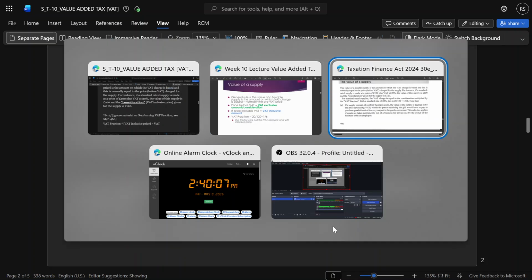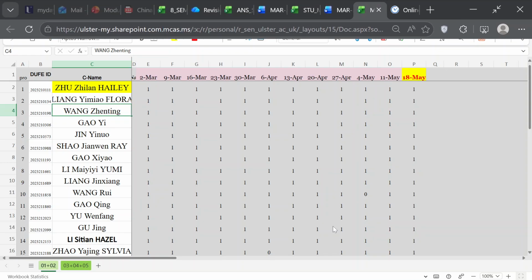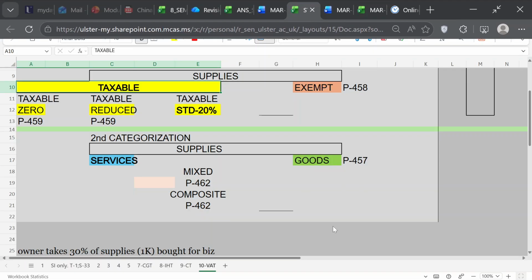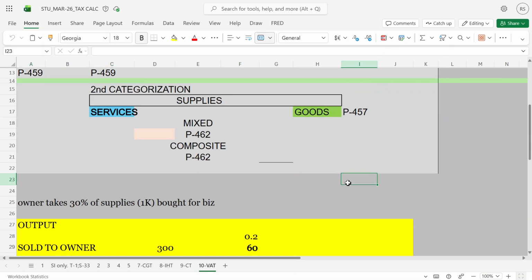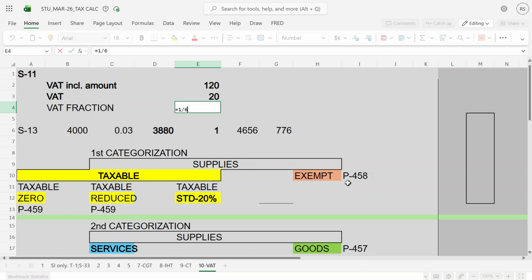So if somebody tells you that the VAT inclusive price is maybe 355 or 357, let's use 357, the example I've given on top. There's your VAT fraction, 0.17, which is nothing but 1 by 6.